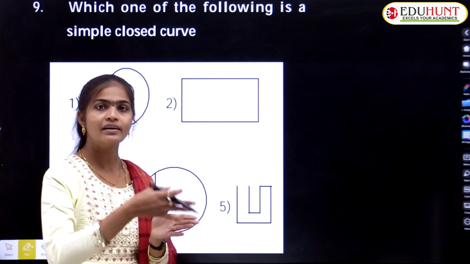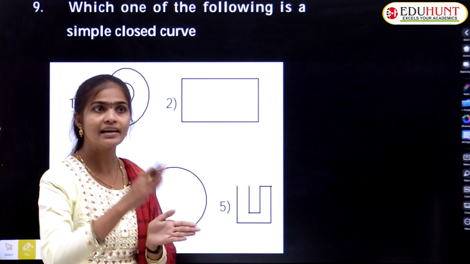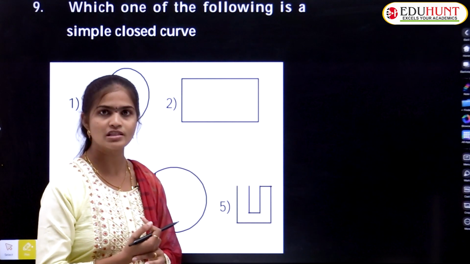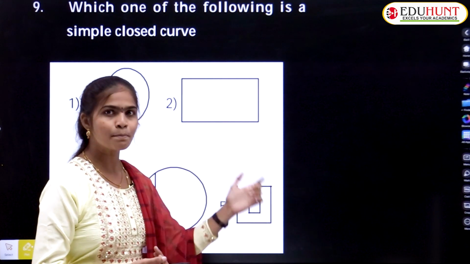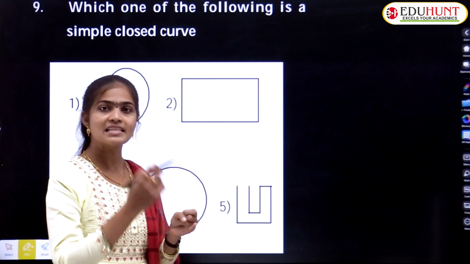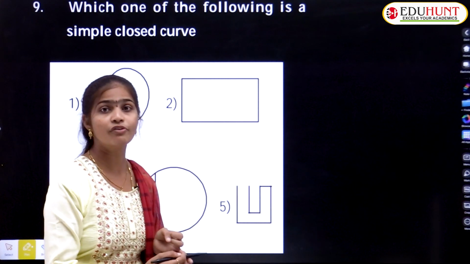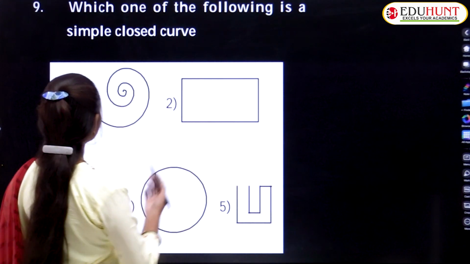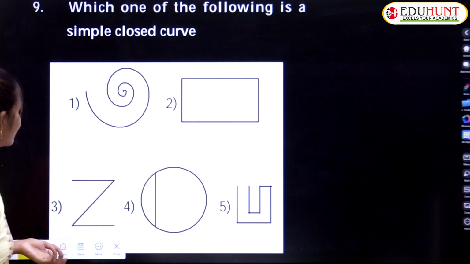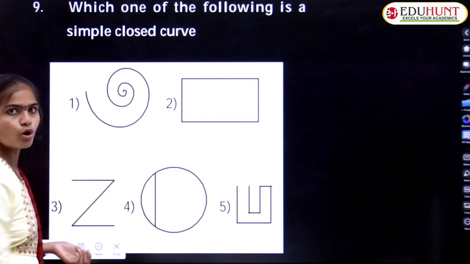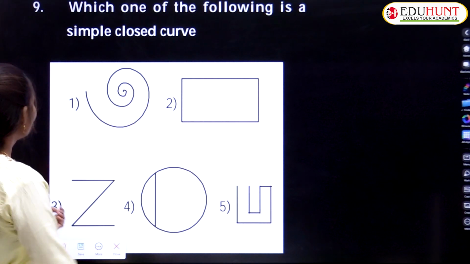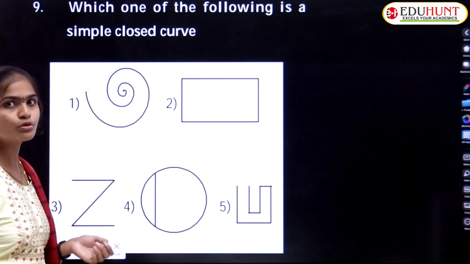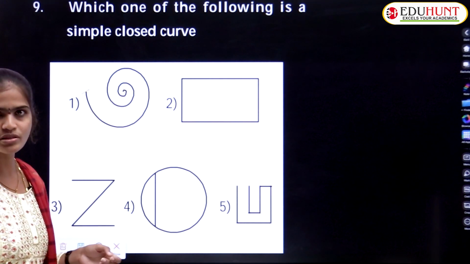Okay, not only the starting point and ending point, it has some other intersecting point also. Then also we will call that a closed figure. Okay, come to the simple closed figure: here the starting point and ending point of a figure must be the same. Okay, so which one has the same points? Just observe that this is an open figure. Okay, why? Because this starting point and ending point, those two are different, so that is not a closed figure.